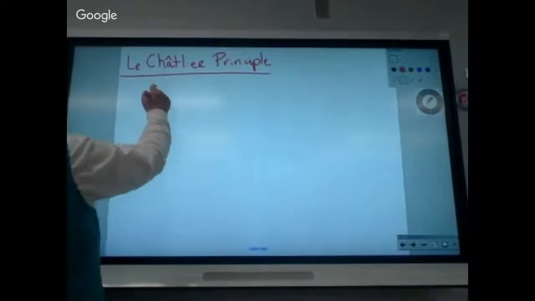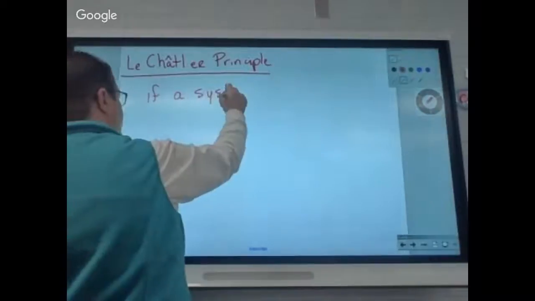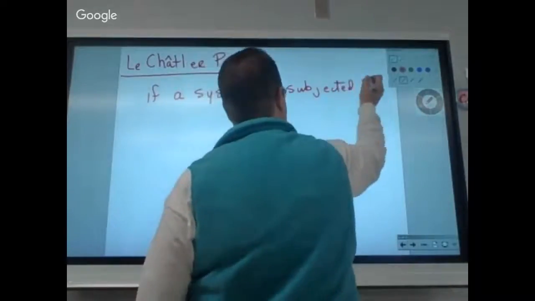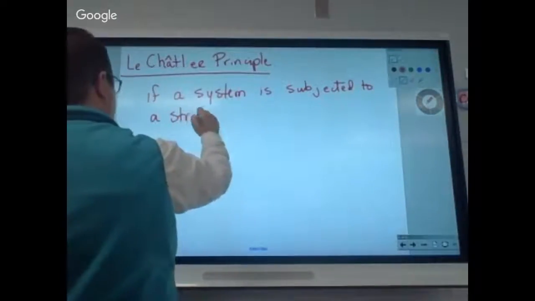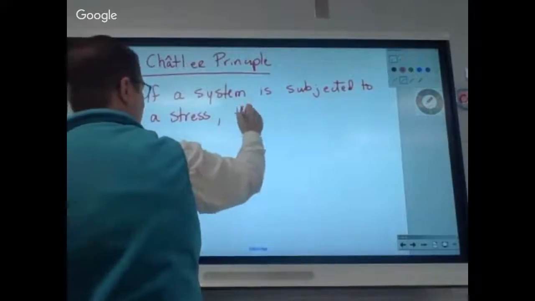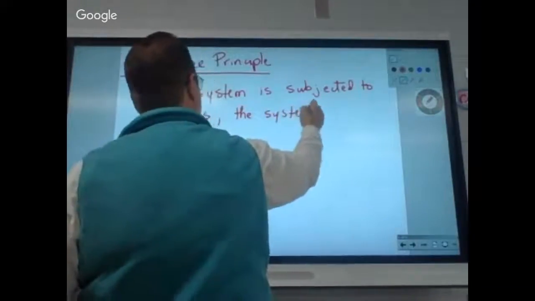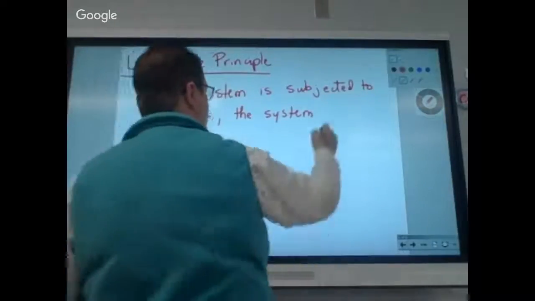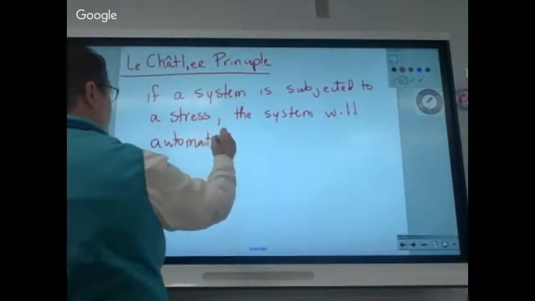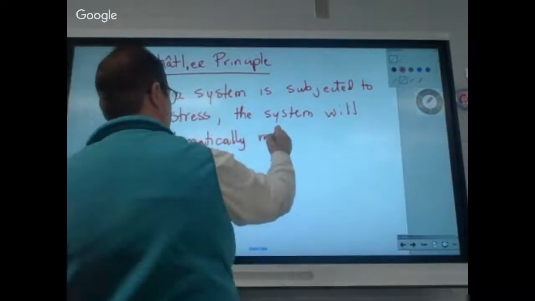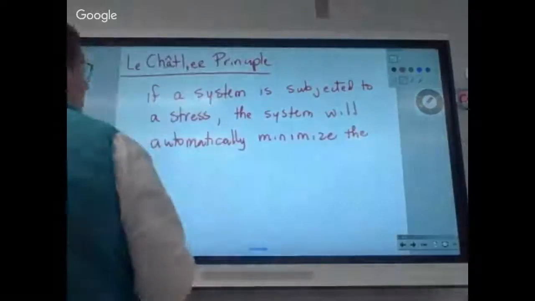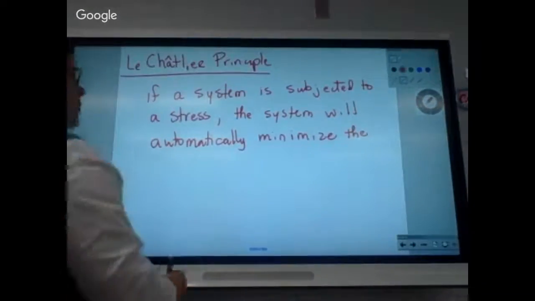He said, if a system is subjected to a stress, the system will automatically minimize the stress.